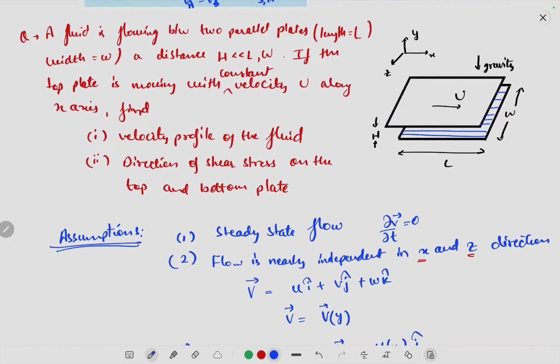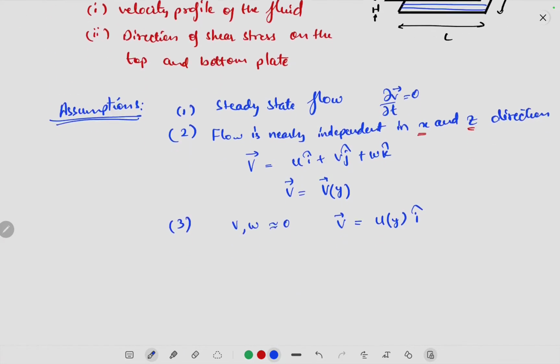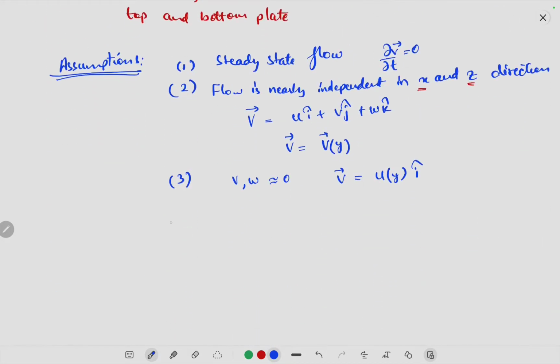So now, since it is not explicitly written about the fluid, the first assumption is that the fluid is incompressible.